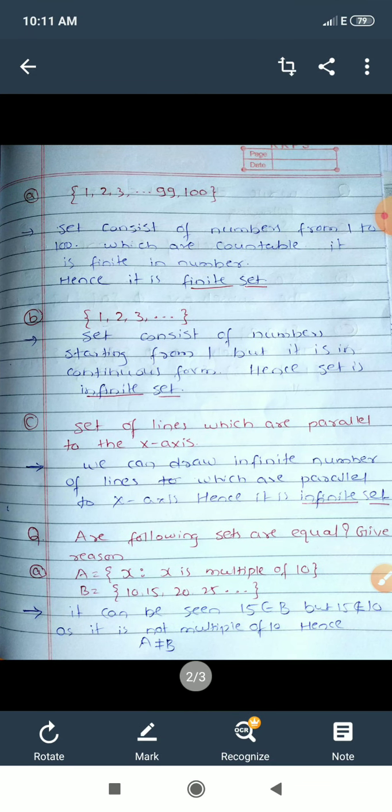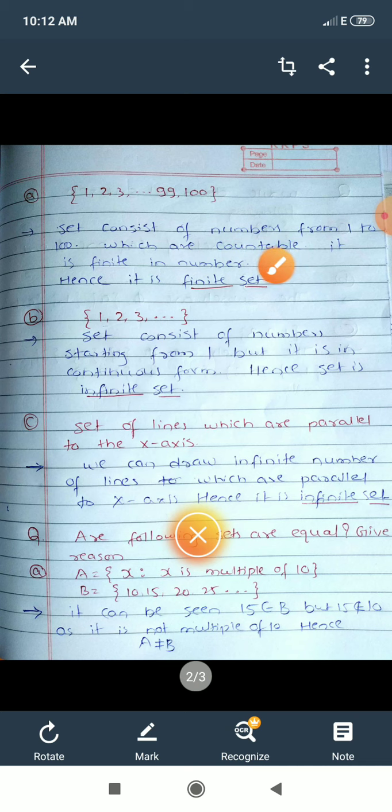So the question here is, the set is given: 1, 2, 3, continuing up to 99, 100. If you watch this, the elements start from 1 and end at 100. So the set consists of numbers from 1 to 100 which are countable.